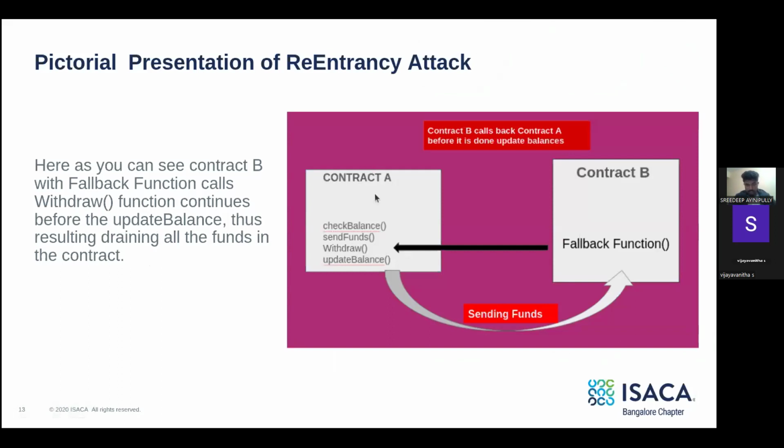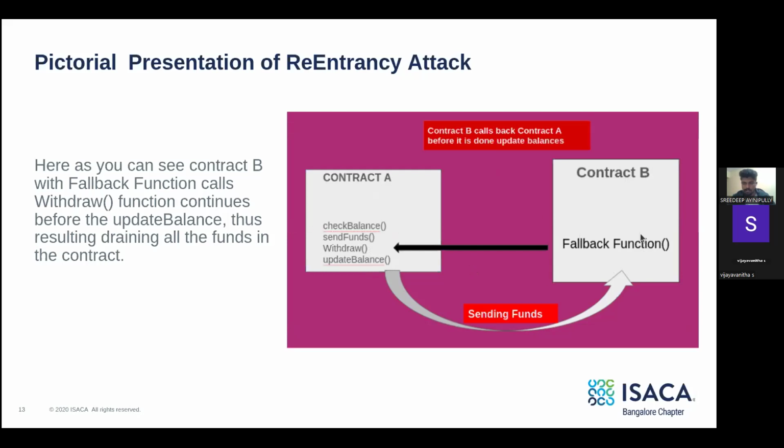Contract A is the original contract, the original DAO team's contract. A hacker from the internet analyzes this source code, and after that deploys another contract, contract B, with the fallback function in it.